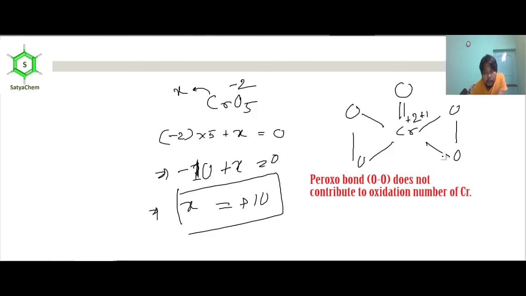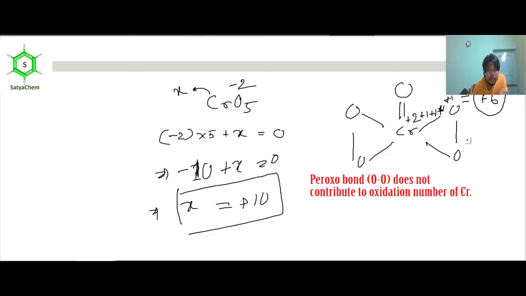For this Cr single bond O, another +1. There is another Cr single bond O, +1, and another Cr single bond O, another +1. So 2 +1 +1 +1 +1, total +6. So the chemical structure says that the oxidation number of chromium is +6.